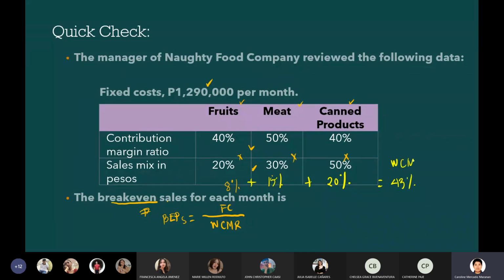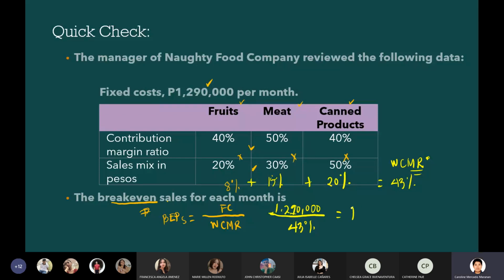Weighted CMR. Okay? So, magkano fixed cost natin? Fixed cost natin ay 1,290. Divide 43%, magkano to?